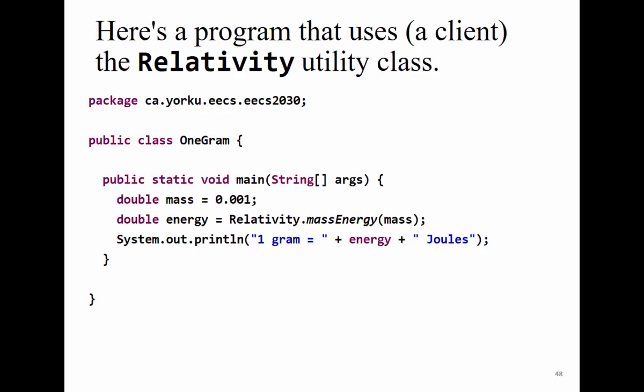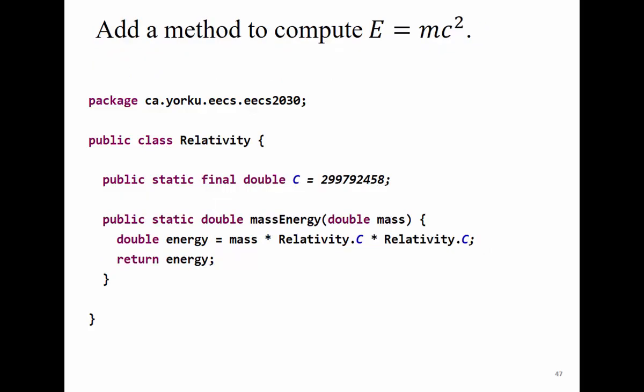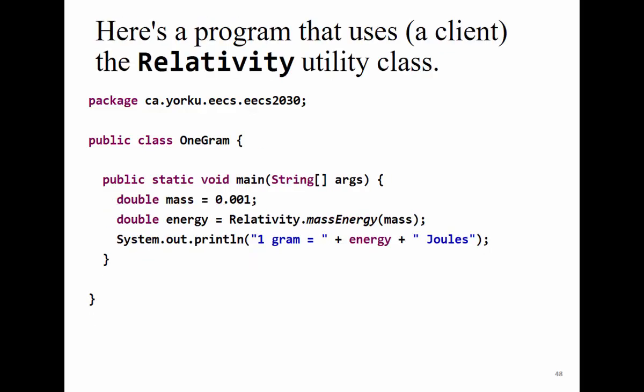Okay. Now, inside the main method, this is how we can use the utility class on the client side. Again, the class is called OneGram, and it's included in the same package. We give the mass 0.001.